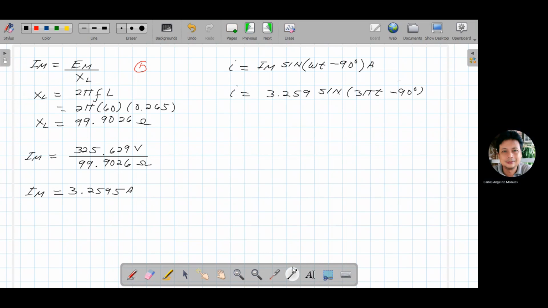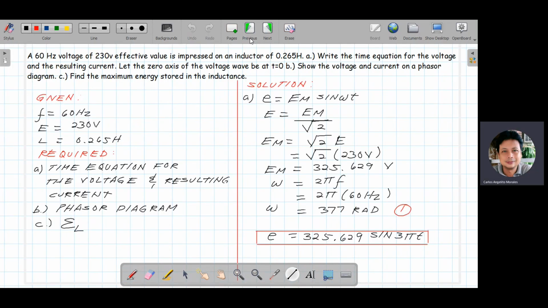So, ang isa pang requirements dyan ay hinahanap yung maximum energy na na-consume.